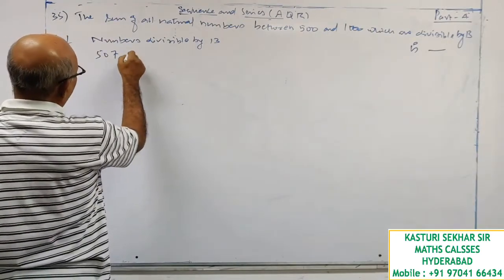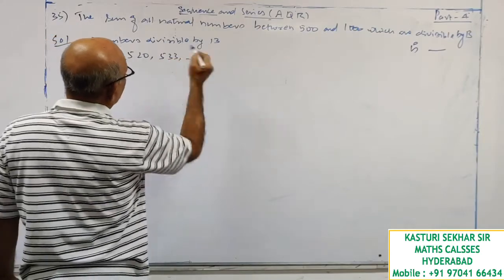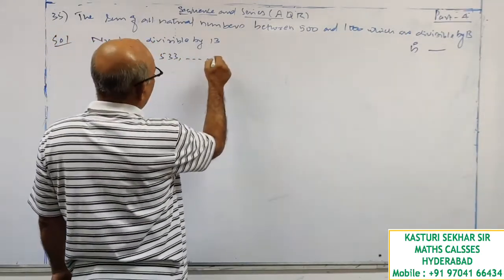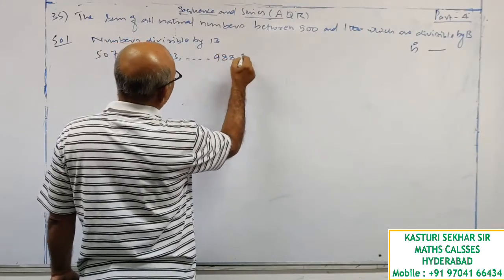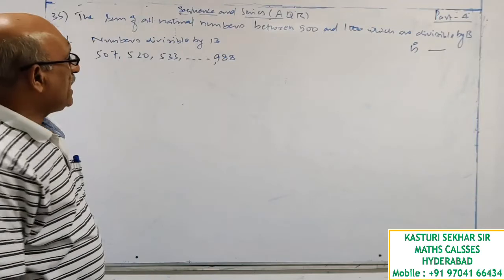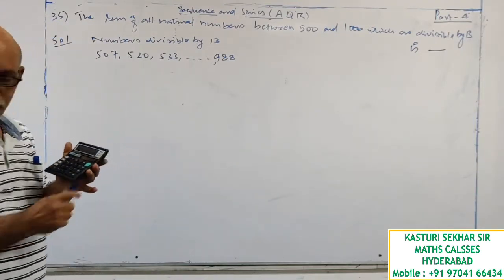Then again 520, 533, this way. When you verify this on calculator, 988 is the last number which is divisible by 13.